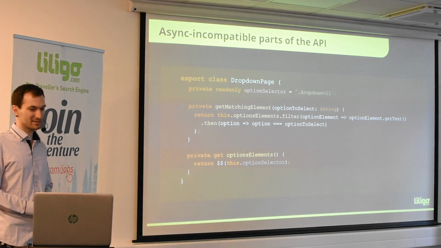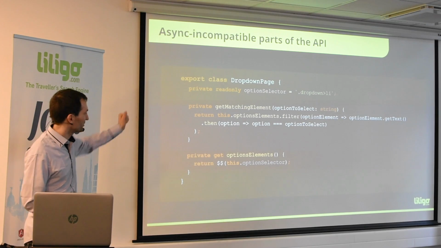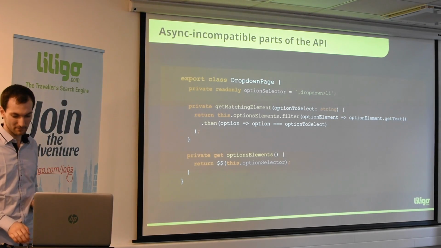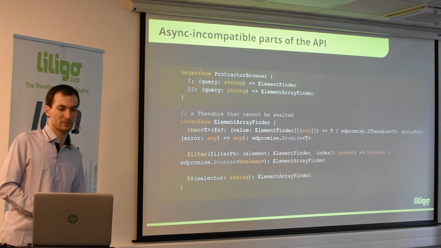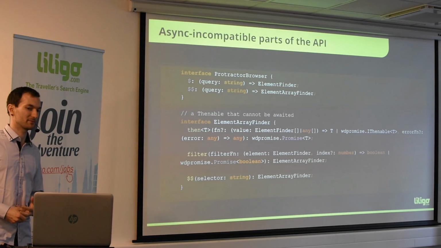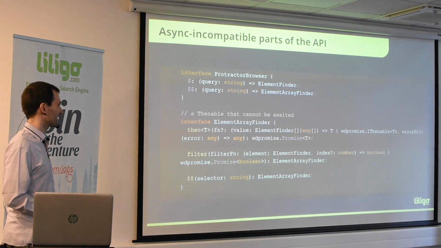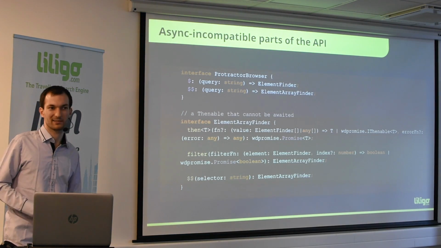There are some APIs, and as a result, I still have to write code like that in the middle, and that's because it relies on its own promise and its special thenable objects that cannot be awaited.